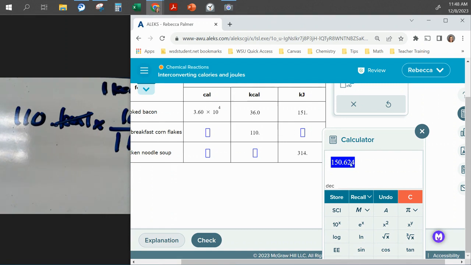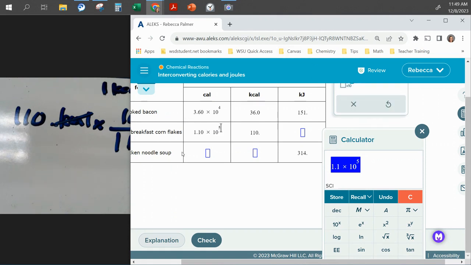If we type in here, 110 times 1,000, and then we can put it in scientific notation. So I'm going to put 1.1, but I need to put another 0 at the end, so that's 3 significant digits, times 10 to the 5.